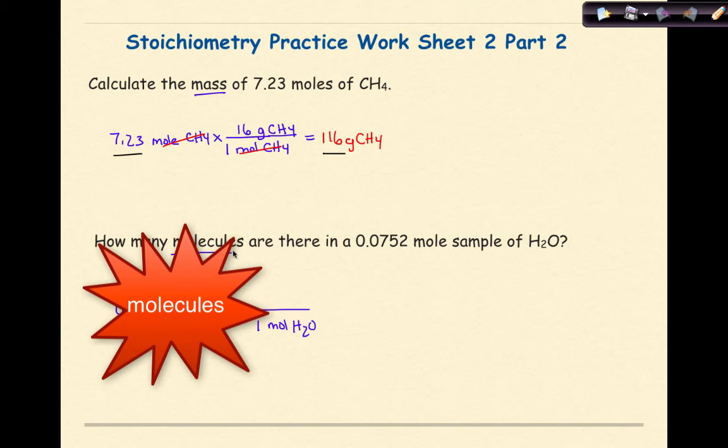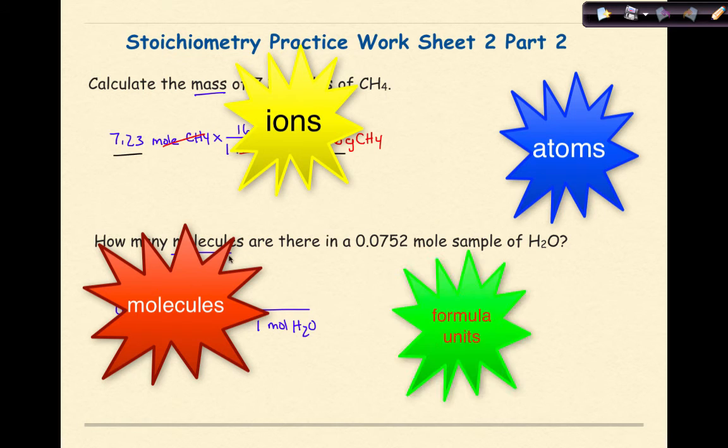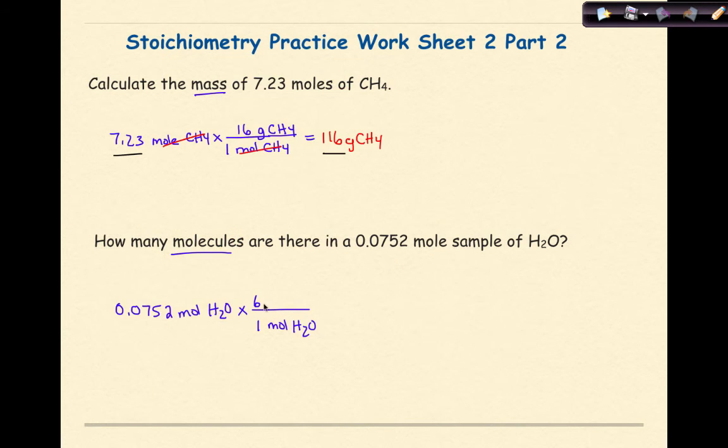When I hear molecules, ions, atoms, formula units, I'm going to use 6.02 times 10 to the 23rd in my answer. Cancel my units. Moles cancel moles. So 0.0752 times 6.02 times 10 to the 23rd is going to give me 4.53 times 10 to the 22nd molecules of water.